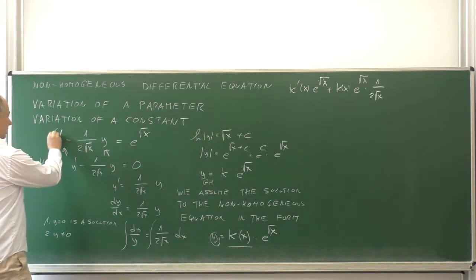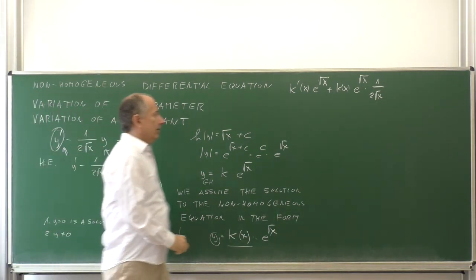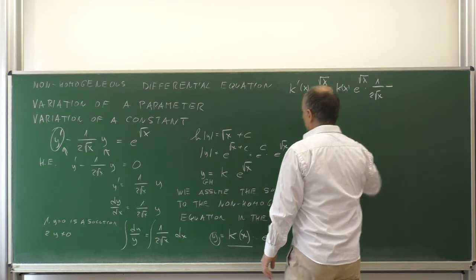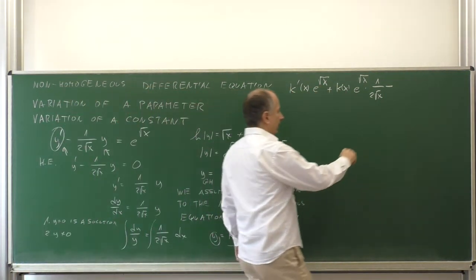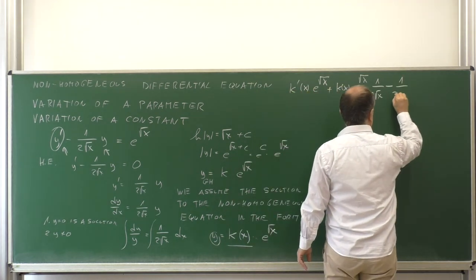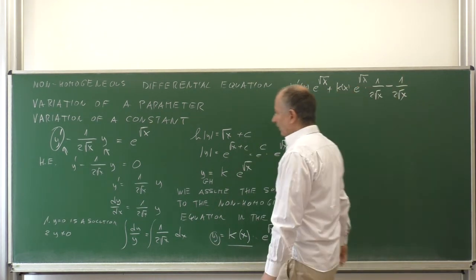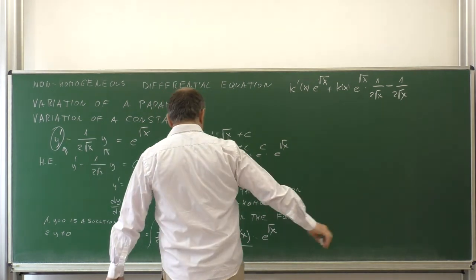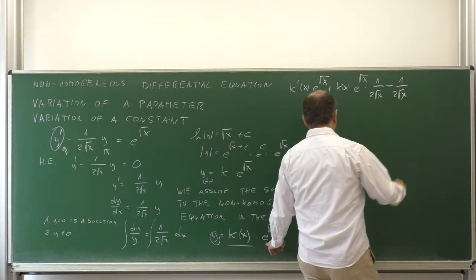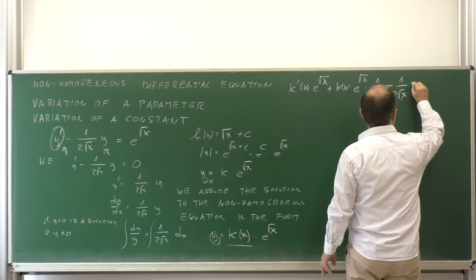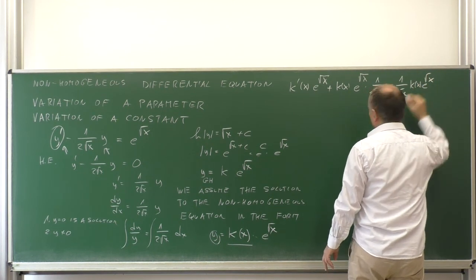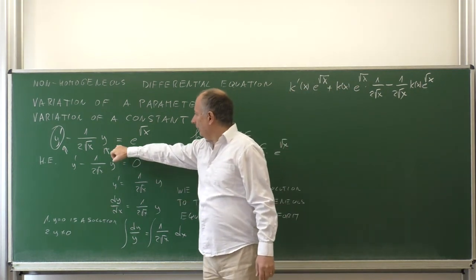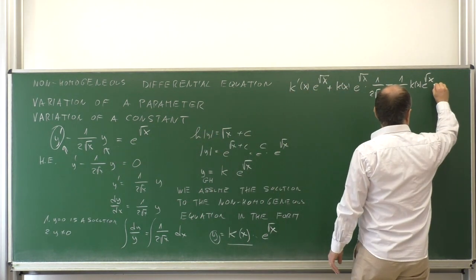This is y derivative minus this fraction, 1 over 2 square root of x, times y, and y is k e to the 2 square root of x, equals e to the square root of x.